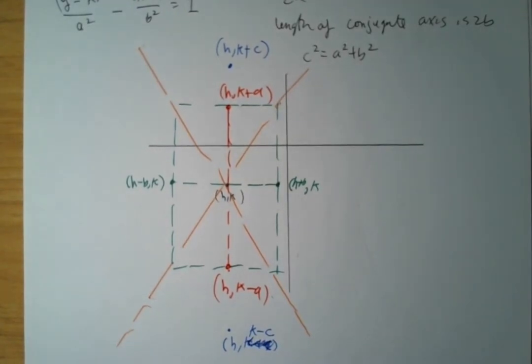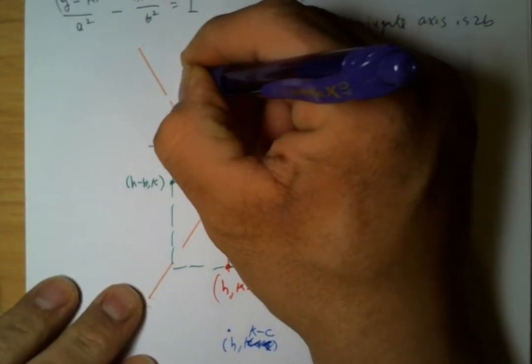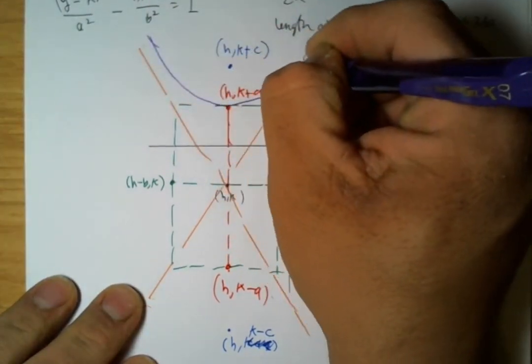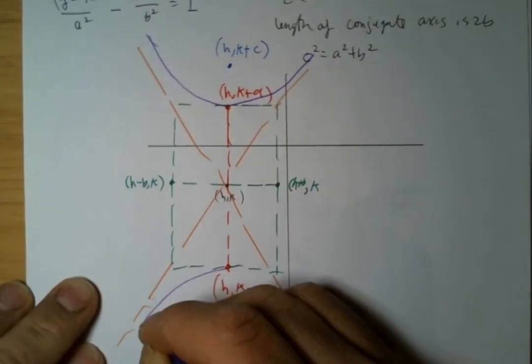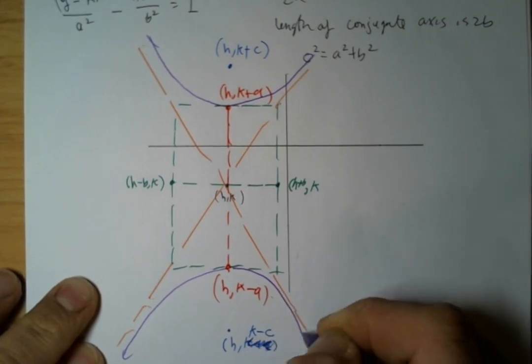And then our graph would be here, guided by our asymptotes.